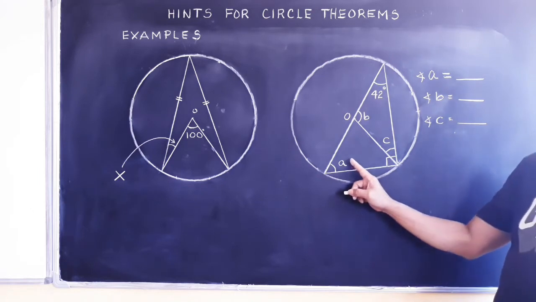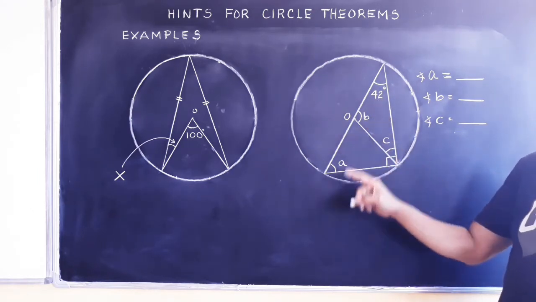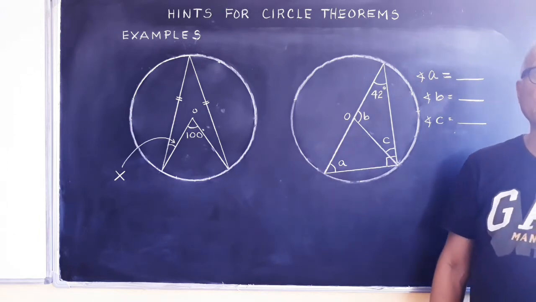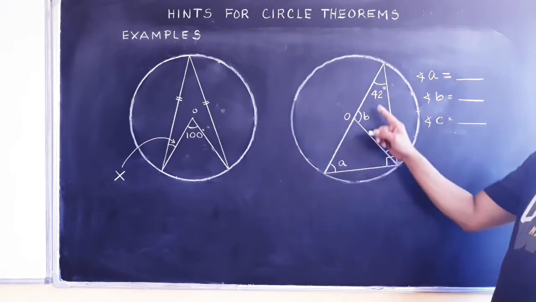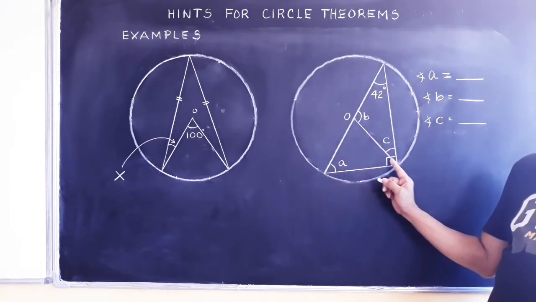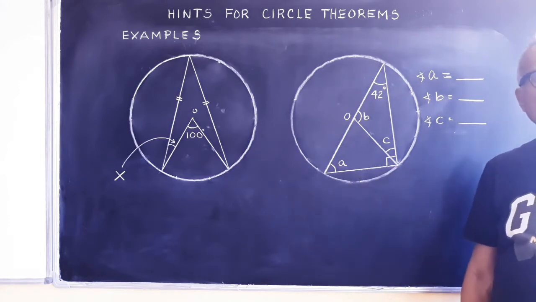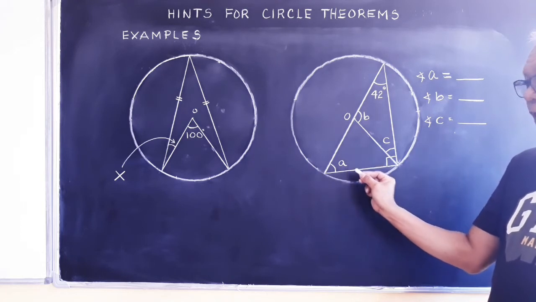So we can easily find A because A and the 42 degrees there are complementary angles, meaning the sum is 90 degrees. Therefore, what is the measure of angle A here?